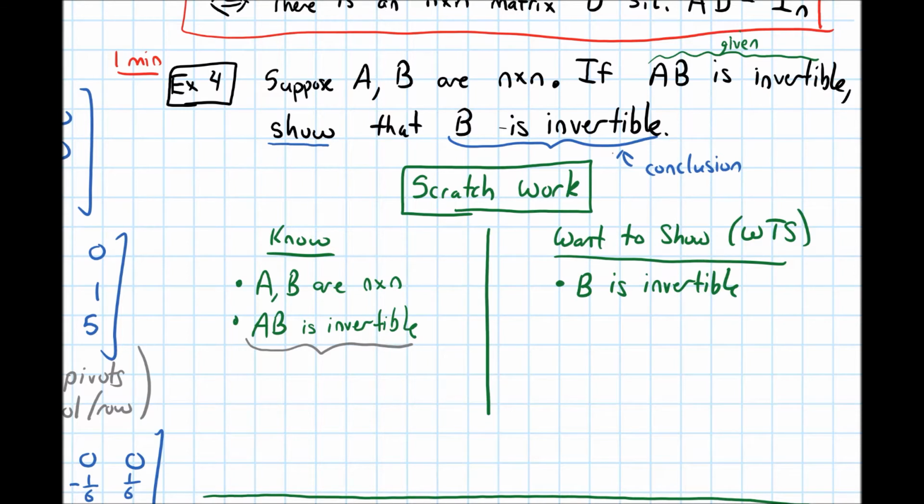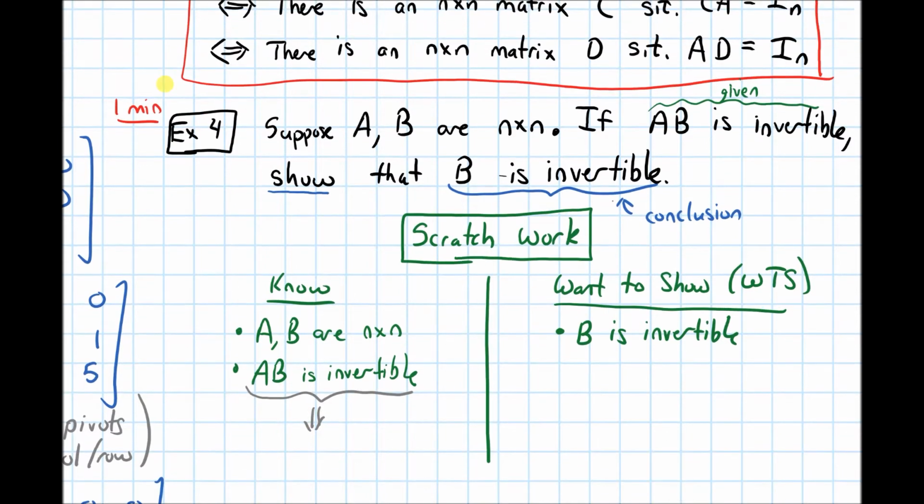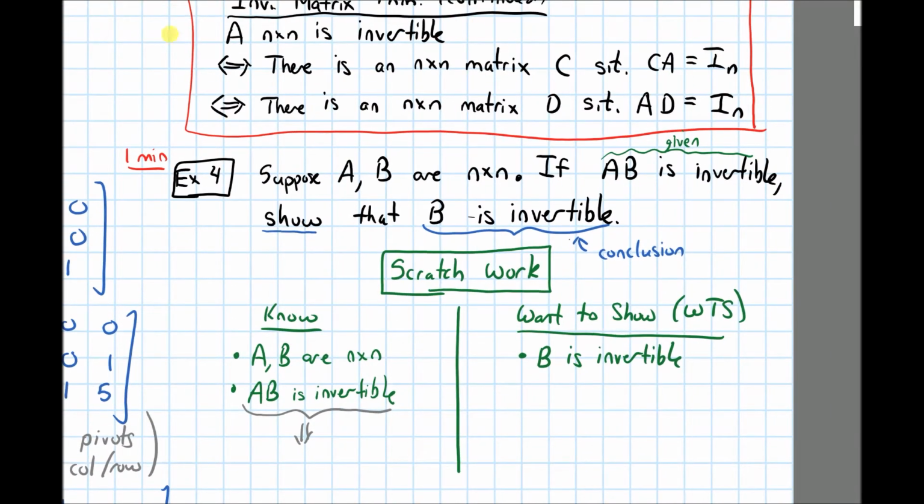So what does this tell me? Well, it tells me a lot of things. In the invertible matrix theorem, we saw that when a matrix is invertible, that's equivalent to a lot of things. But there's a reason I mentioned this specific part of the invertible matrix theorem for this example. It's because this part is going to be useful to us. So I'm going to keep that in mind.